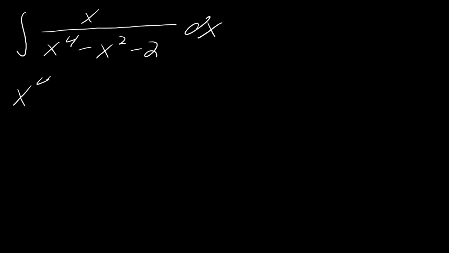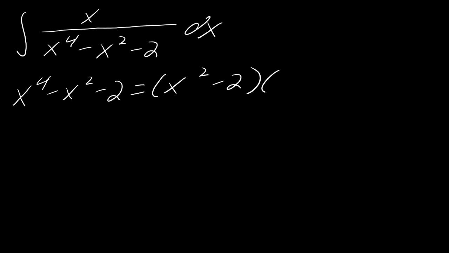So the bottom will factor as x squared minus 2 and x squared plus 1. So in this case, I have 2 unique irreducible quadratic factors. And what I mean by irreducible is I can't factor either one of these anymore, not nicely. So that's going to help us set up for our next part.